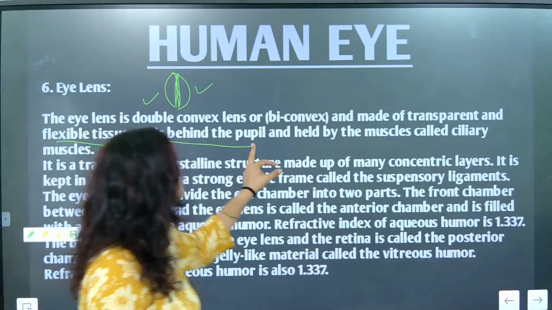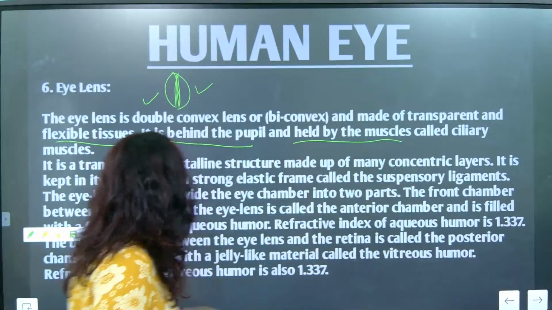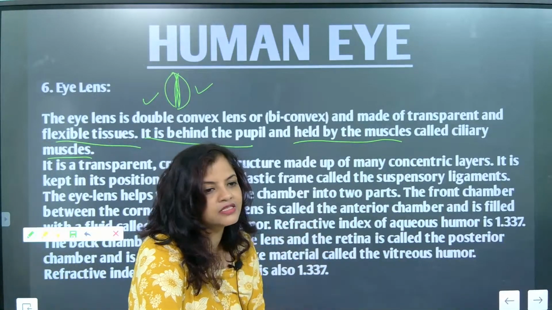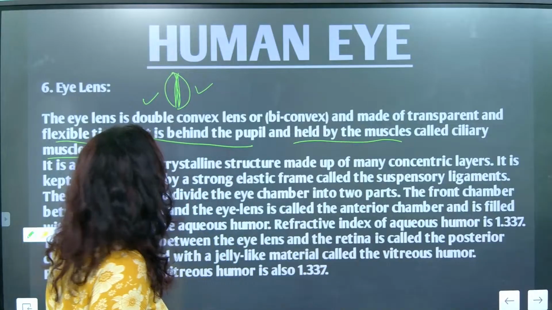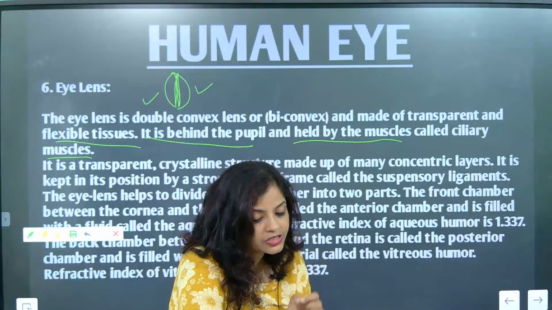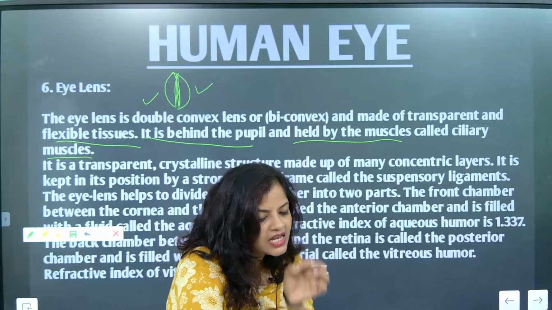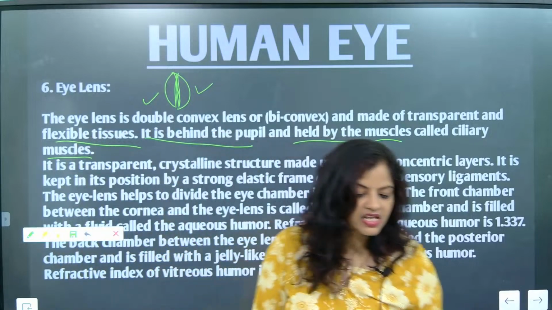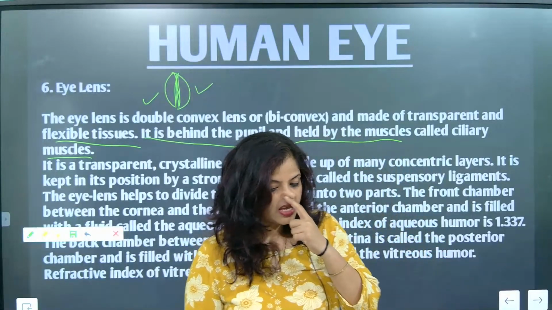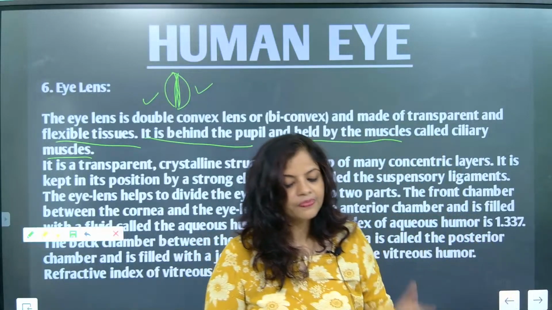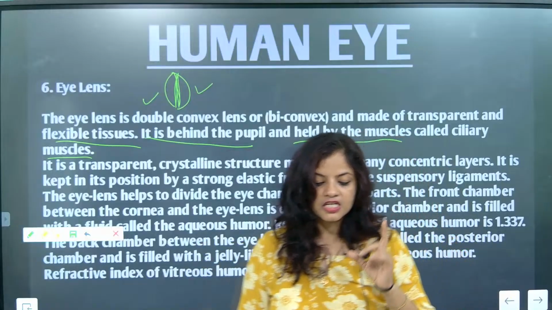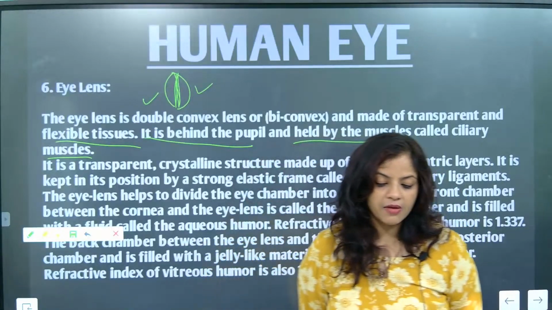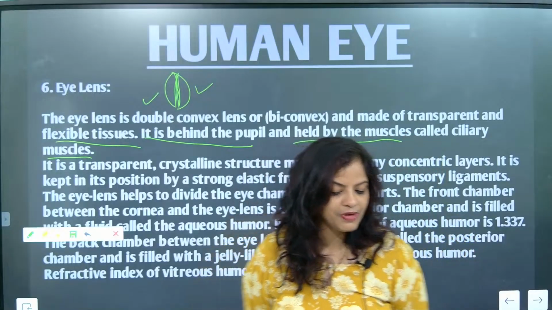It is behind the pupil and held by muscles called ciliary muscles. So which muscles are holding the lens? Ciliary muscles. But ciliary muscles are holding the lens via the suspensory ligament. Note down, suspensory ligament. Write down: ciliary muscles are holding the lens via suspensory ligament.